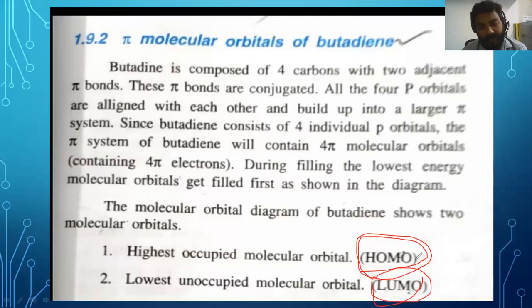We should also find the nodes; node calculation is very important. Nodes are the gaps in between orbitals, with zero concentration of electrons.